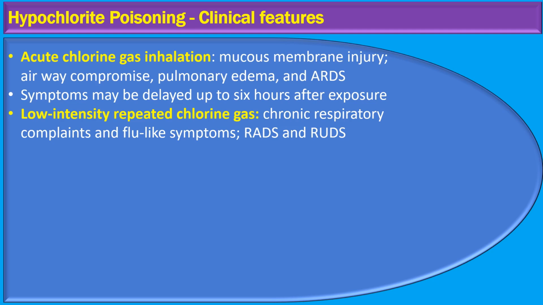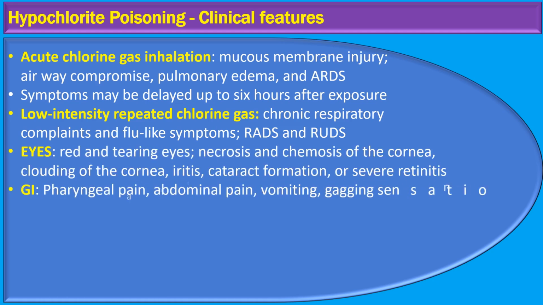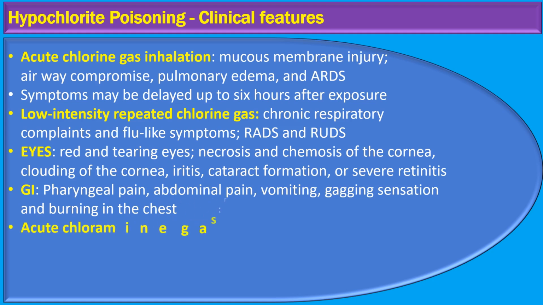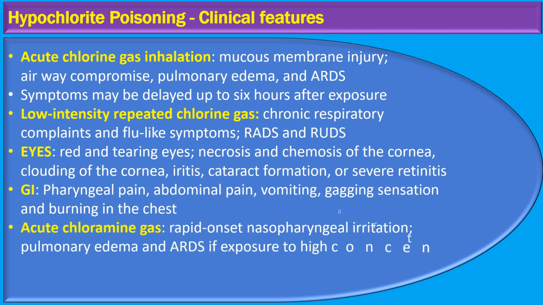On the other hand, ingestion of industrial-strength hypochlorite solutions can cause severe damage to the esophagus and stomach, potentially leading to perforation, although such severe outcomes are rare with the accidental ingestion of household bleach, which is typically around 5% concentration.